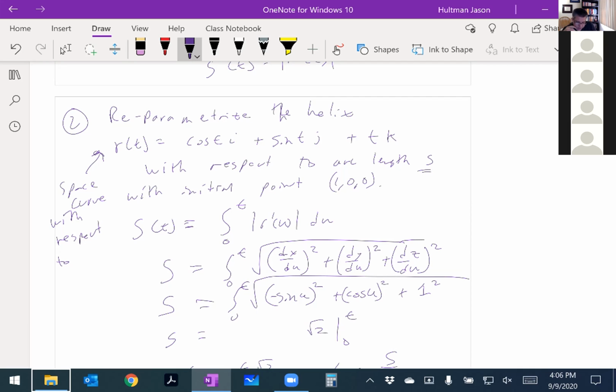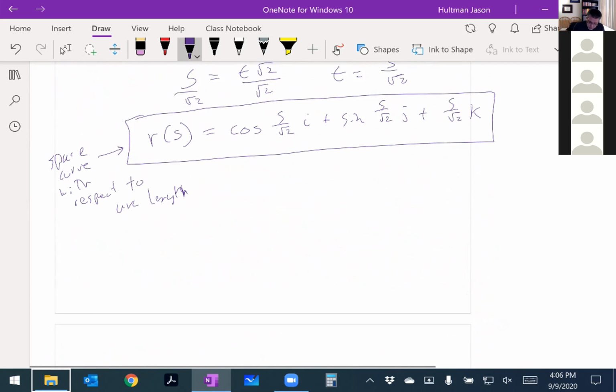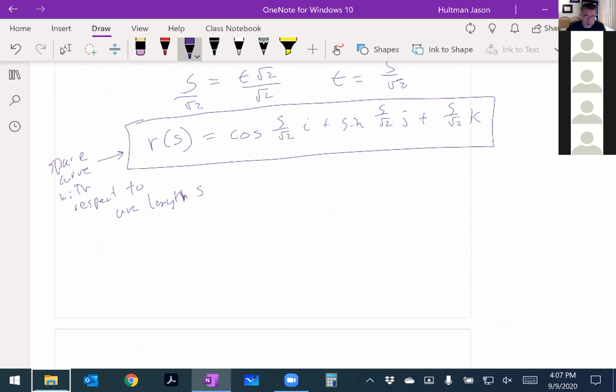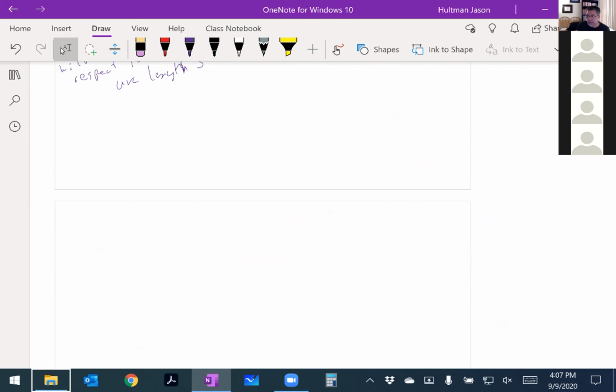T is just my parameter. I'm just going to say with respect to t. So you can reparameterize things in different parameters.